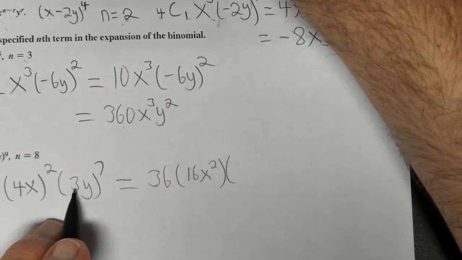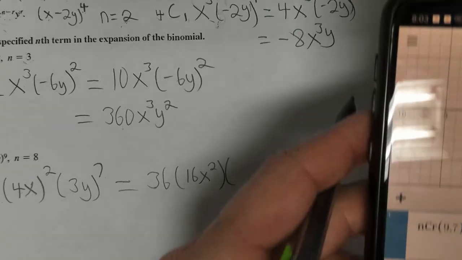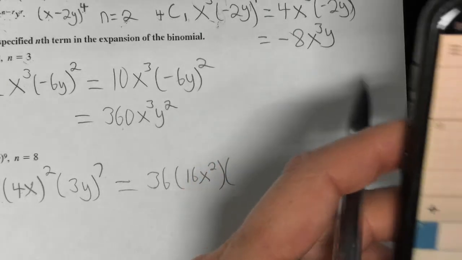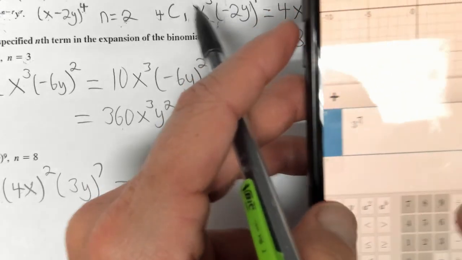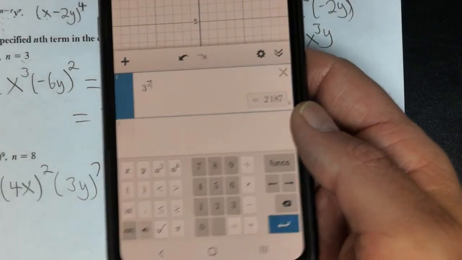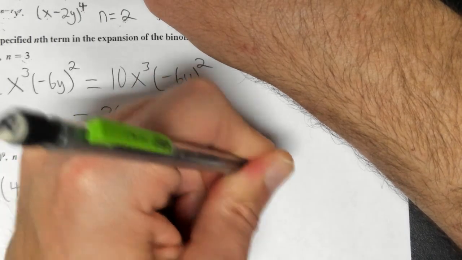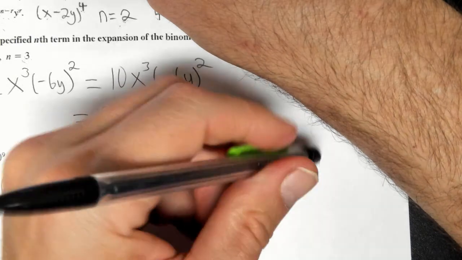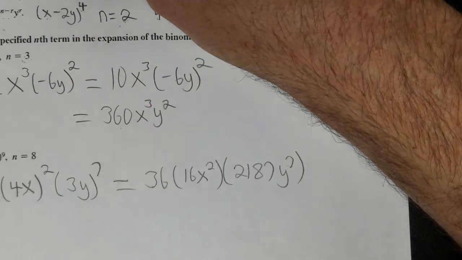Then I need to go ahead and raise this to the 7th power. So I need to figure out what 3 raised up to the 7th power is. It looks like it is 2187. So that would be 2187y to the 7th power.